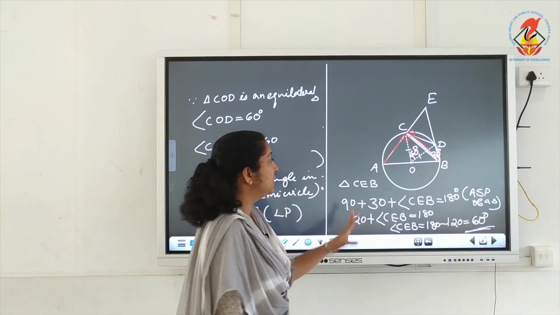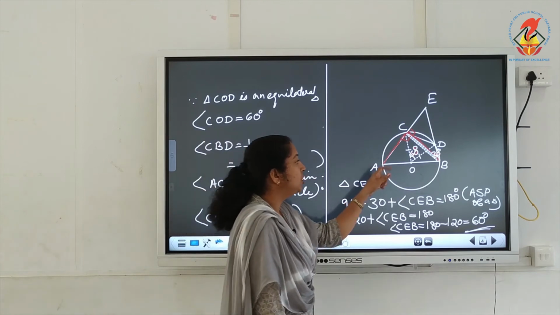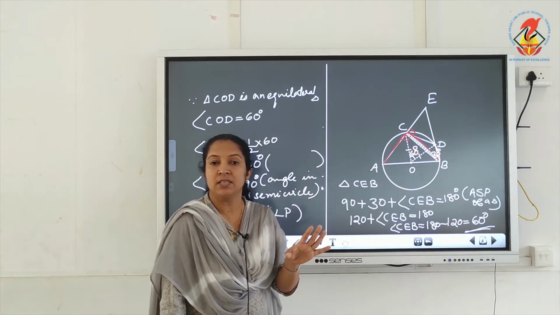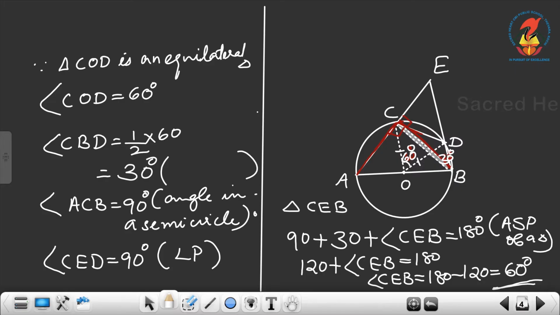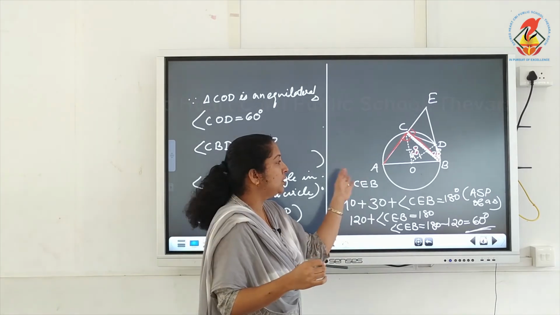Actually, what we have used first is, we have taken the equilateral triangle COD. So, all the angles are 60 degree. So, this is the central angle made by the arc CD, 60. Angle CBD is the angle made by the CD at the point B on the circle. So, that is half.